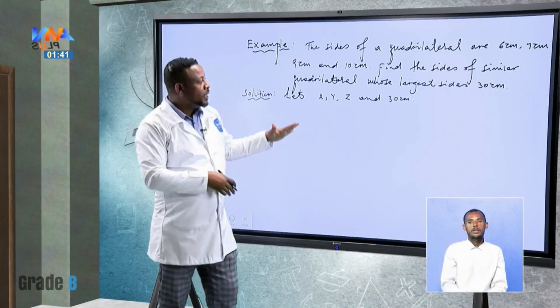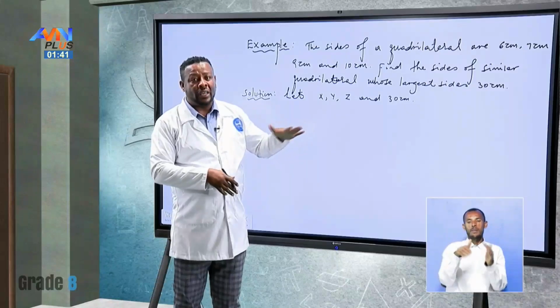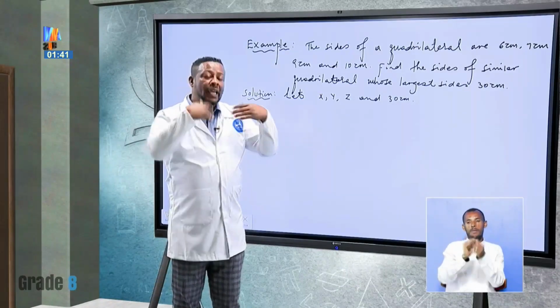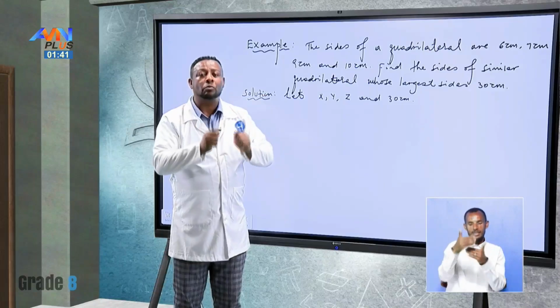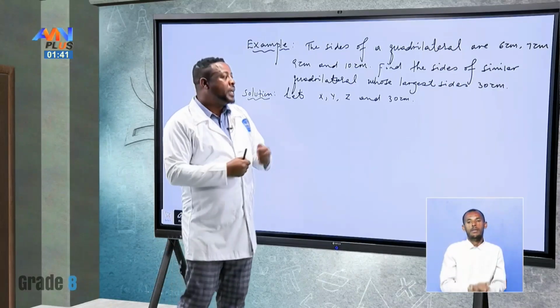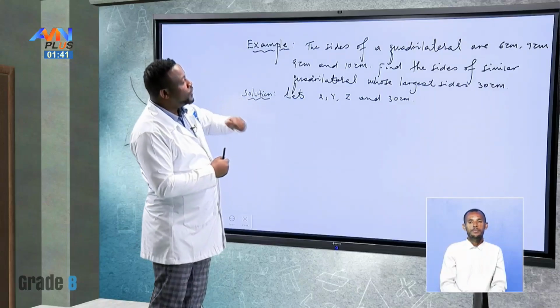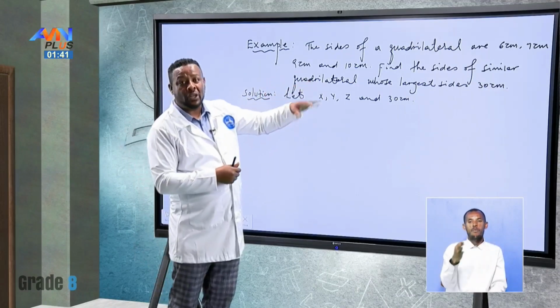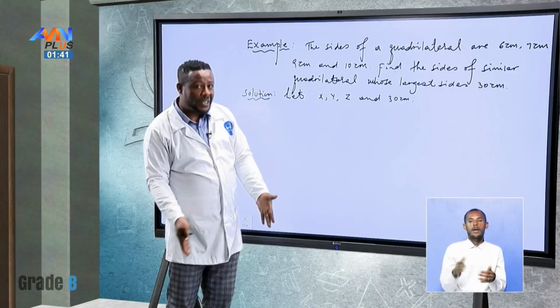You can represent all the unknown sides by a certain variable, X, Y, Z. Then the next step is you need to properly apply the condition for similarity, right? So by definition, the ratio of the corresponding sides must be the same.